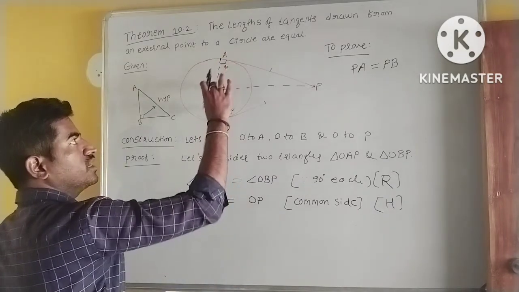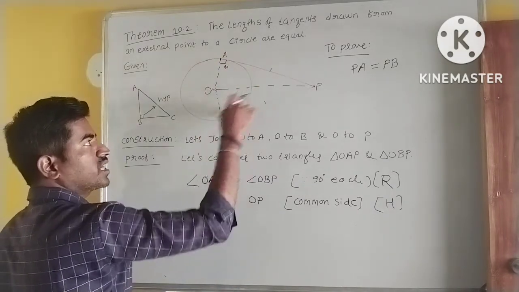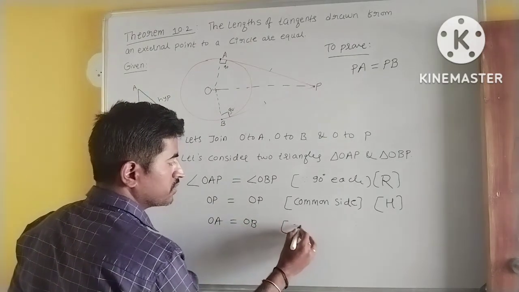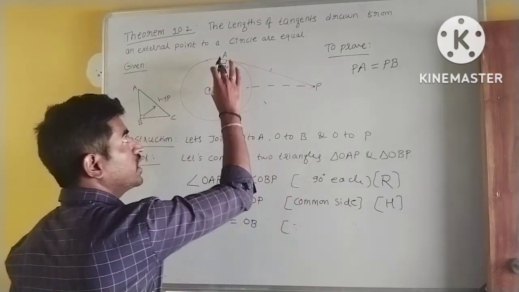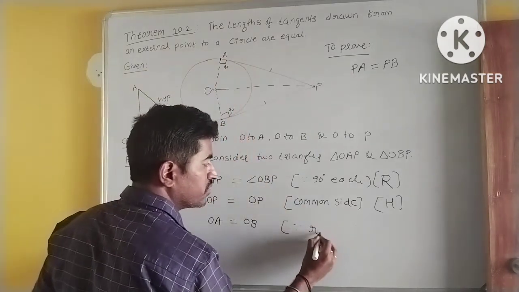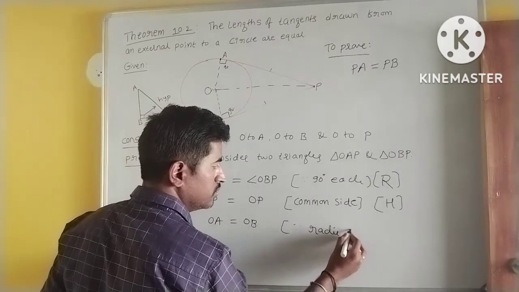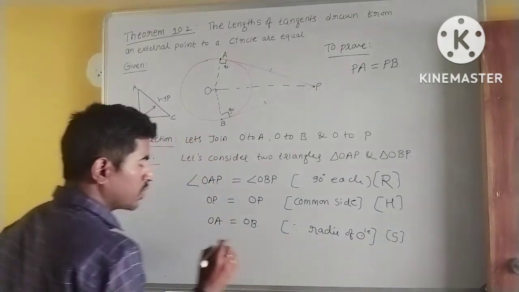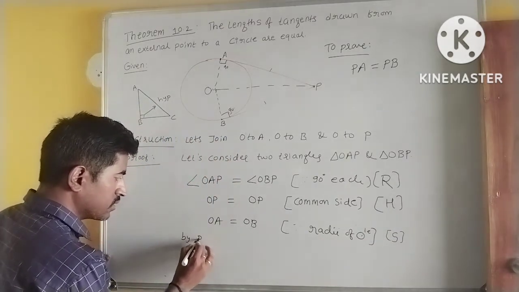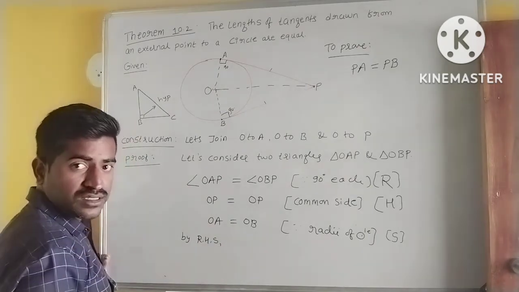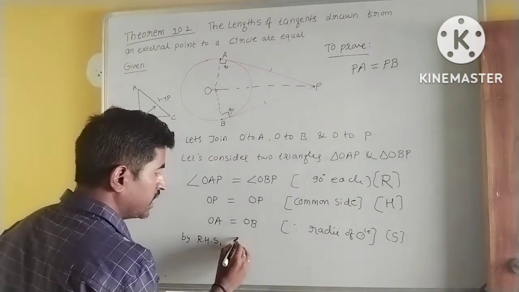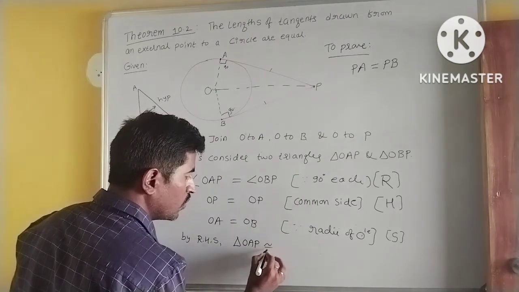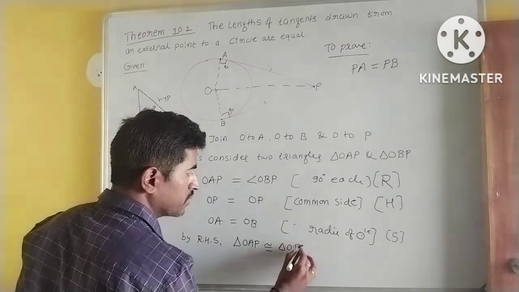And next is OA in this triangle, OB in this triangle are equal. OA is equal to OB because OA and OB are the radii of a circle. And we can write this as yes. Now by RHS congruency rule, we can write that triangle OAP is congruent to triangle OBP.